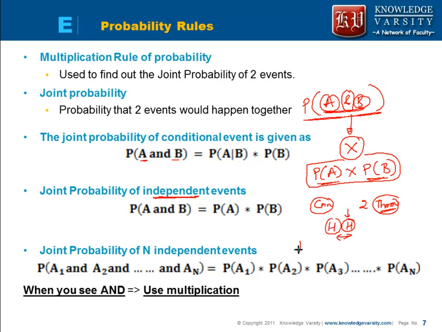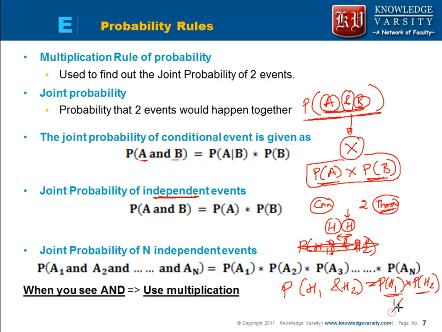So the probability of head in the first and the probability of head in the second, both are equal to half and half, so you will get the probability.